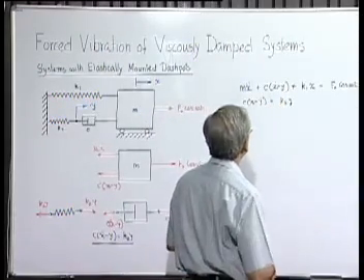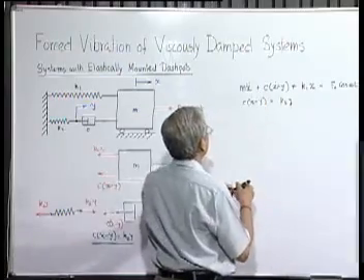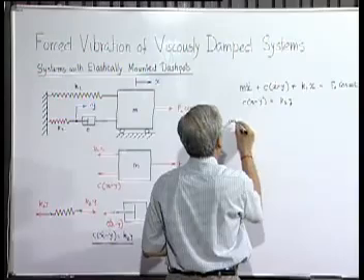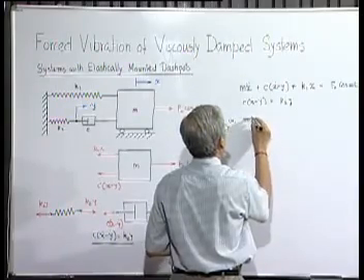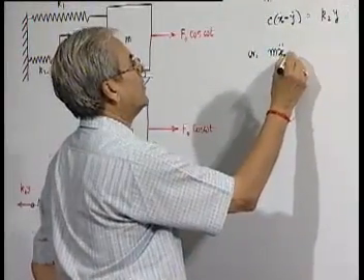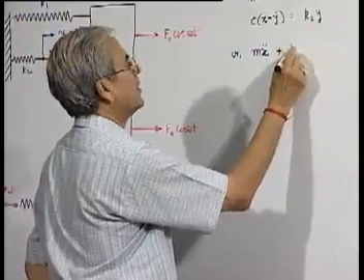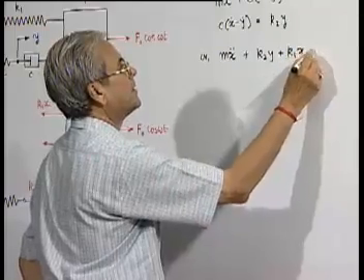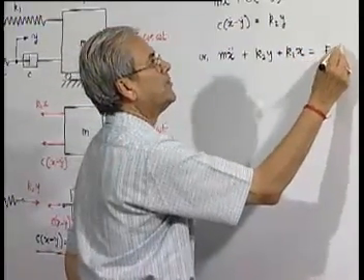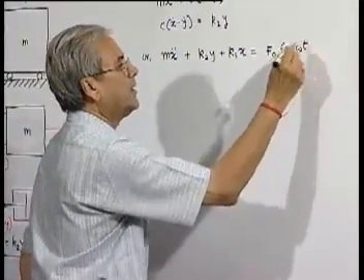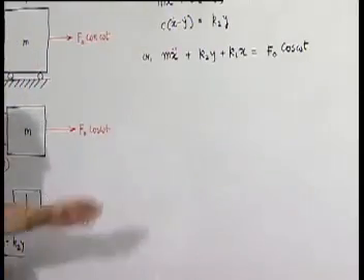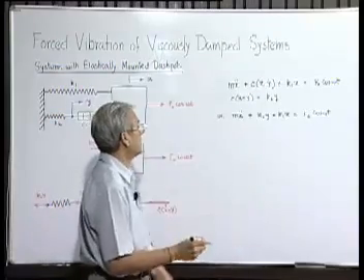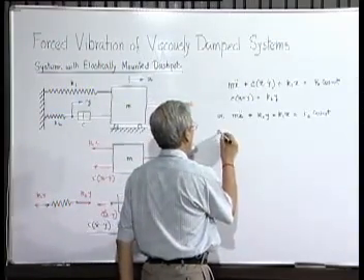What we can do, that first let us substitute this is equal to this here, or m x double dot plus K2 y plus K1 x equal to f0 cosine omega t. We are solving it in great detail because this type of coupled equations, this is a technique which may be useful in other situations.